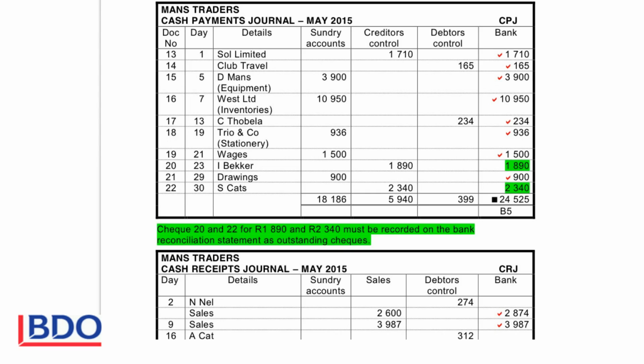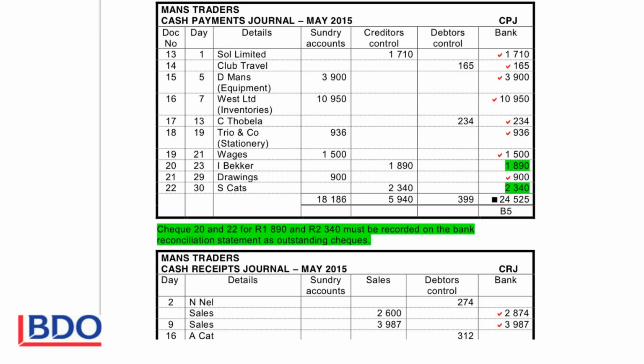All these figures with the red ticks are the ones that appear in the bank statement. So if I see that a figure in the bank column corresponds with a figure in the bank statement, I will tick it.